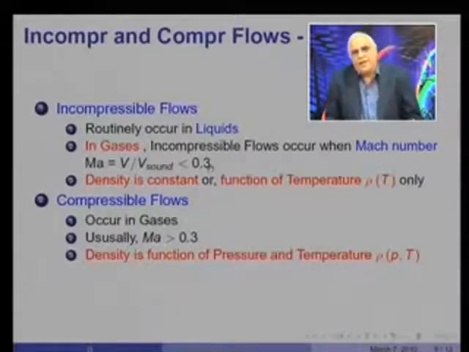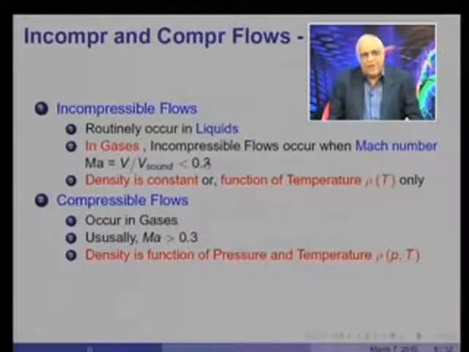Since you know that at ambient temperatures, the velocity of sound in air is about 300 meters per second, what we are saying is under ambient conditions, if the velocity was less than about 100 meters per second, the gas flows could be considered as being incompressible.